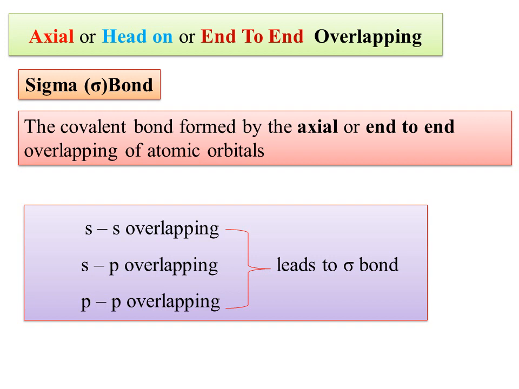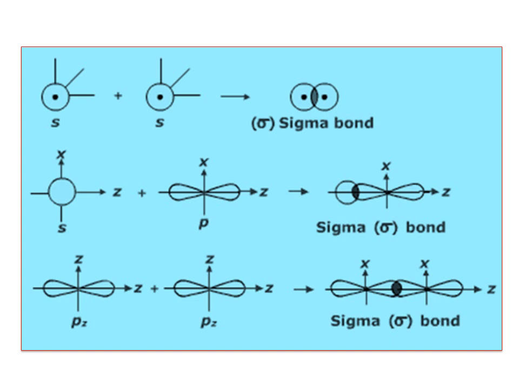These different shapes lead to complete axial, head-on, end-to-end overlapping, and that type of overlapping we call a sigma bond. For example, when S orbitals having S electrons in their outermost shell with unpaired electrons overlap, complete overlapping takes place, and that is the way you get the sigma bond.